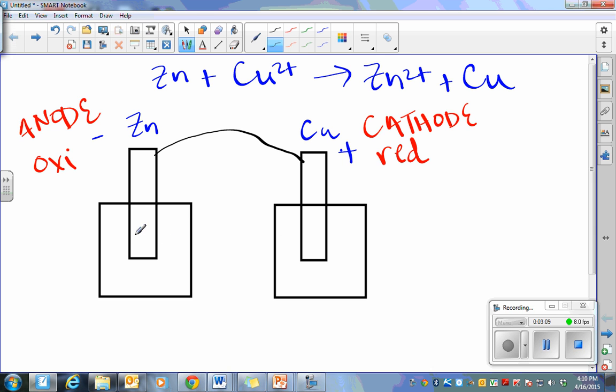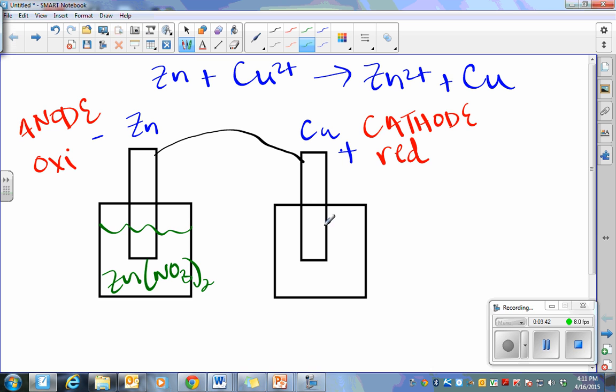Now, within this compartment, the zinc electrode is submerged in a solution that will generate zinc ion, because from this equation you can see zinc is producing zinc ion, and over here, copper ion within the solution will produce the copper solid.